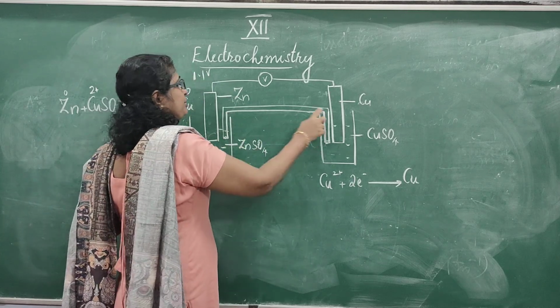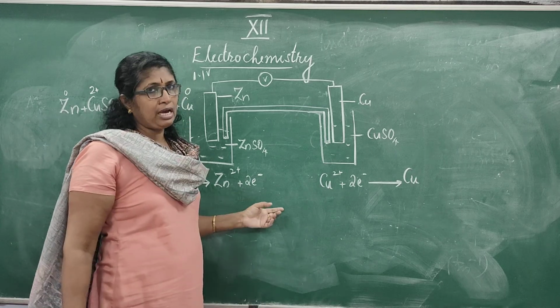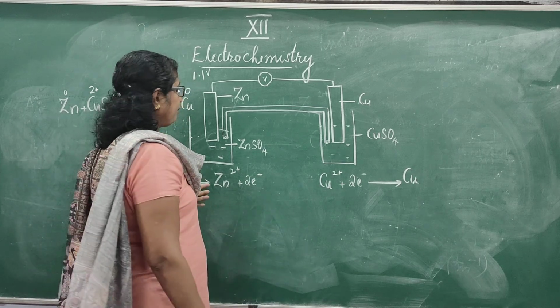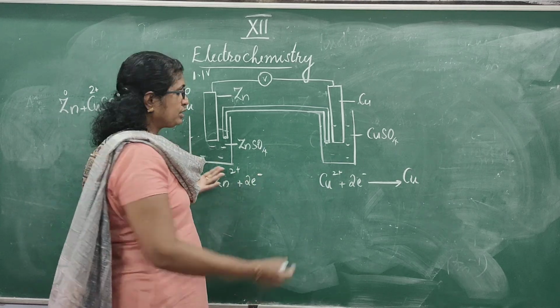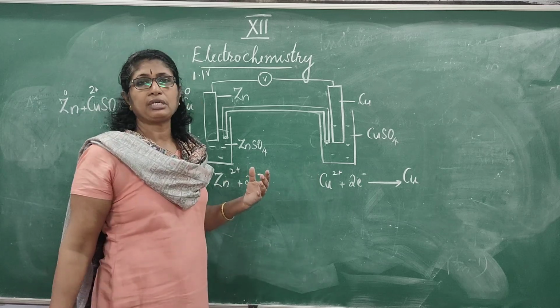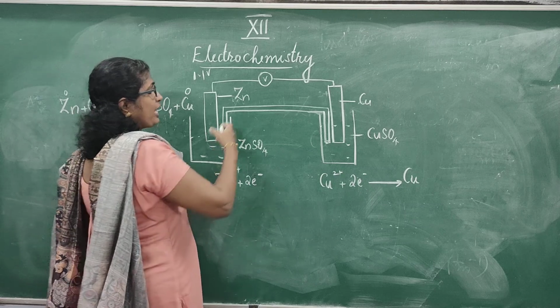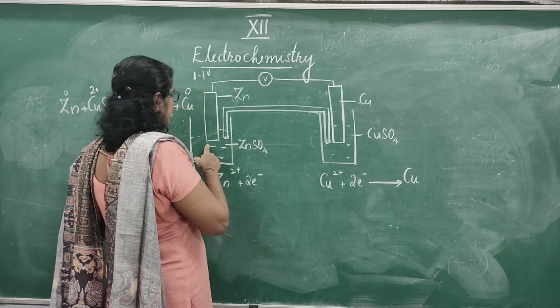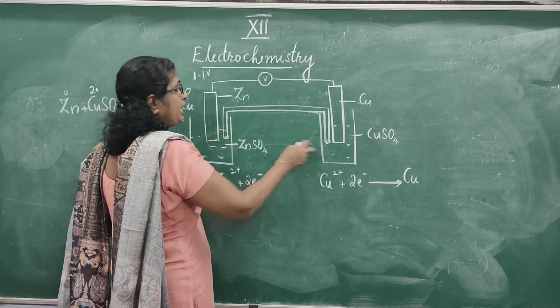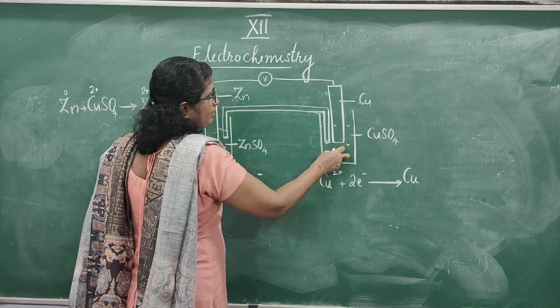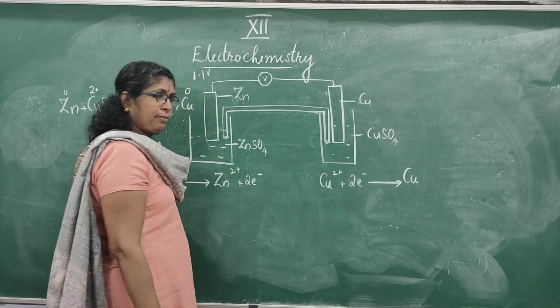Now what is the function of the salt bridge? We studied this in 11th class. The salt bridge keeps the electrical neutrality of the two solutions. It allows the ions to move through it, because the zinc ion concentration will become more here, and the negatively charged sulfate ion concentration becomes more there.